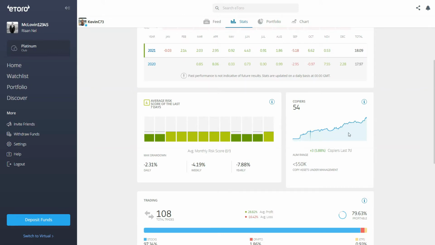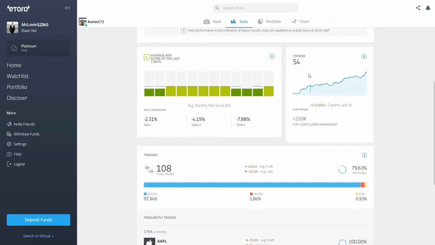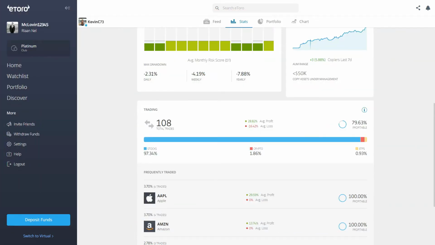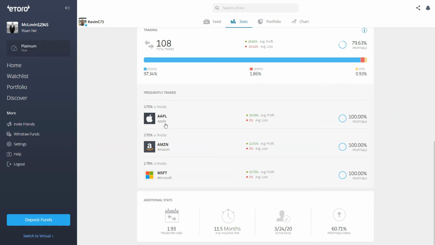All right, this is not as important. You can see that his copiers have been growing slowly. This is not indicative of anything, so I don't really care about that. He's got 108 trades, and you can see that he did trade crypto before on his platform, even though he says he doesn't trade it. So maybe when he opened up the account, he was playing around with some crypto. That's possible. But now he says that he doesn't trade it anymore. His most frequently traded is Apple. He's got 4 trades.